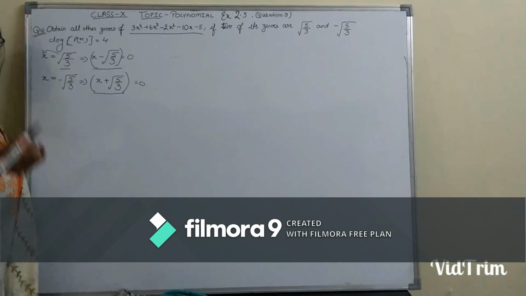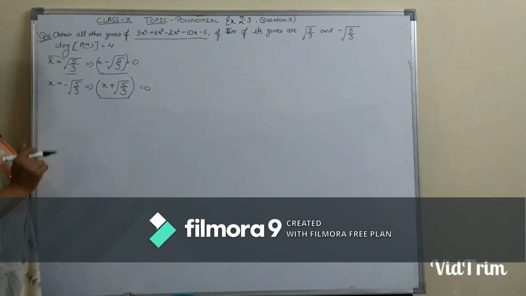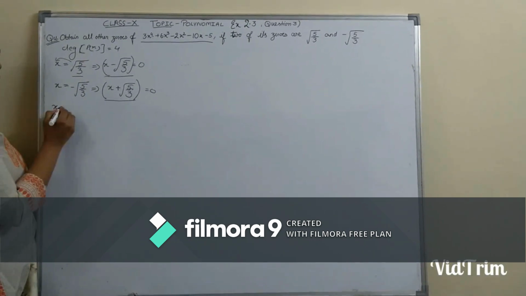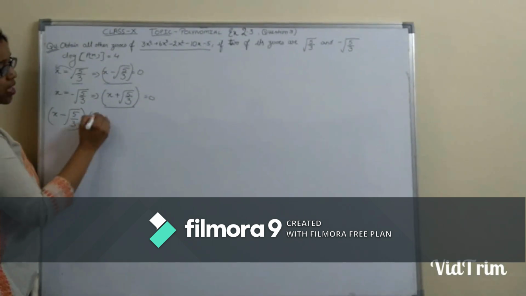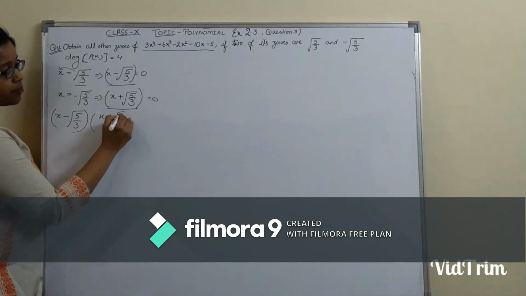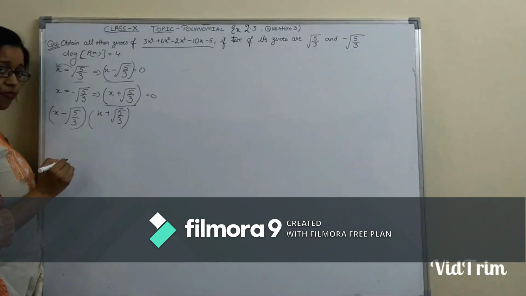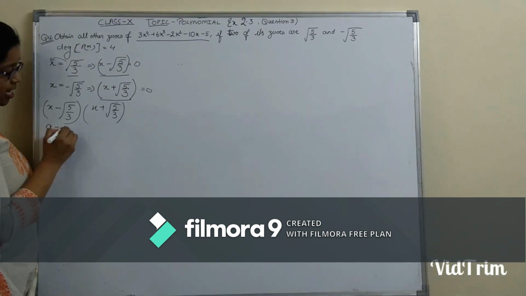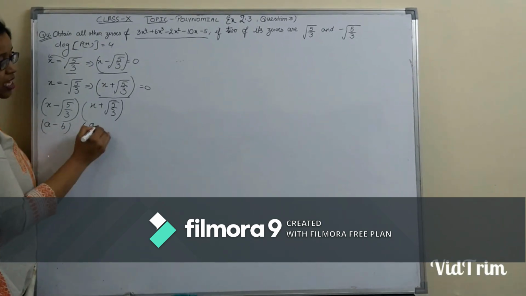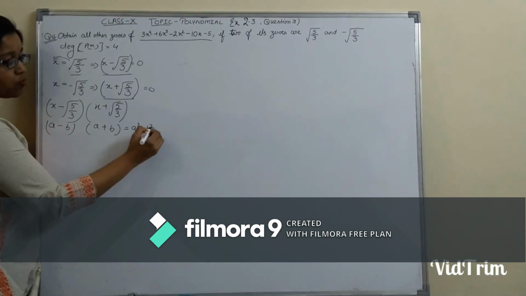Now we will find the combined factor. How to find the combined factor? We will find the product of these two factors: (x - √5/3)(x + √5/3). When you find the product of these two factors, you can see that we can apply one identity, that is (a - b)(a + b) = a^2 - b^2.